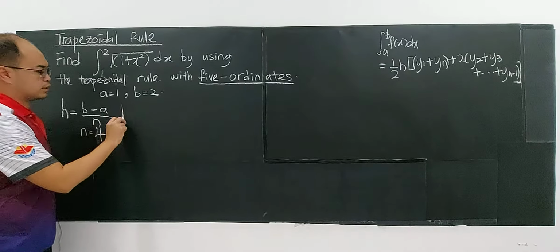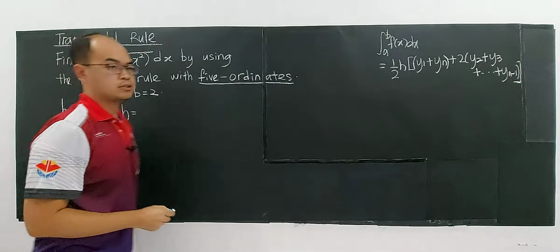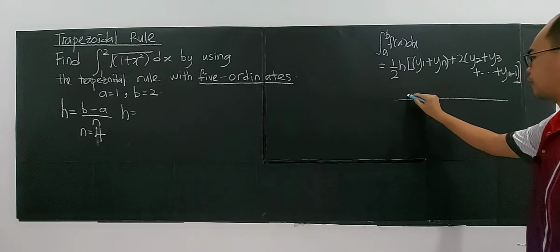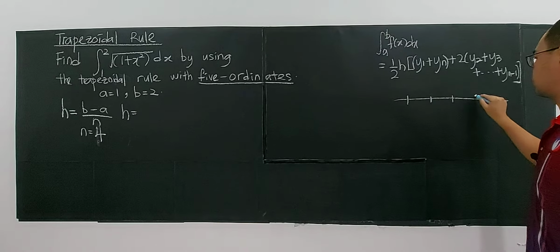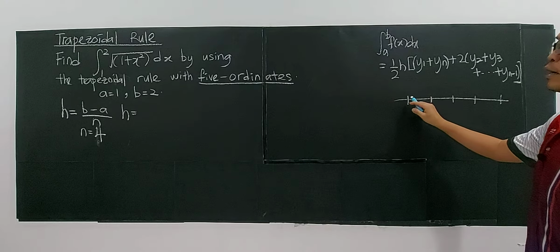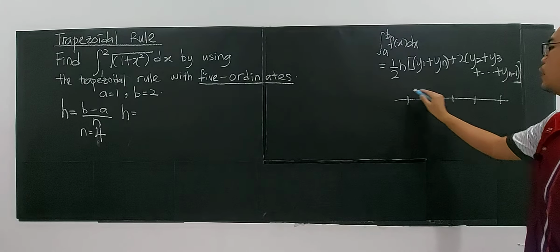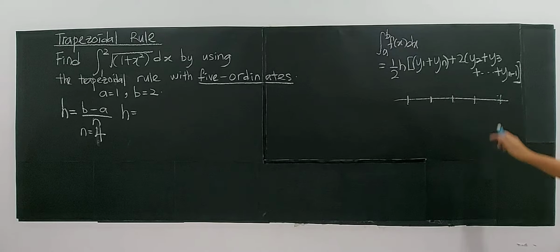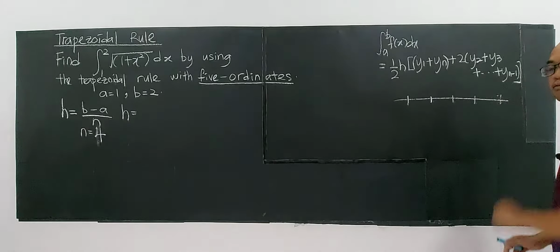Then we can calculate the value of h. What is h actually? h is the length of each subinterval. So we have 5 ordinates with 4 subintervals here.